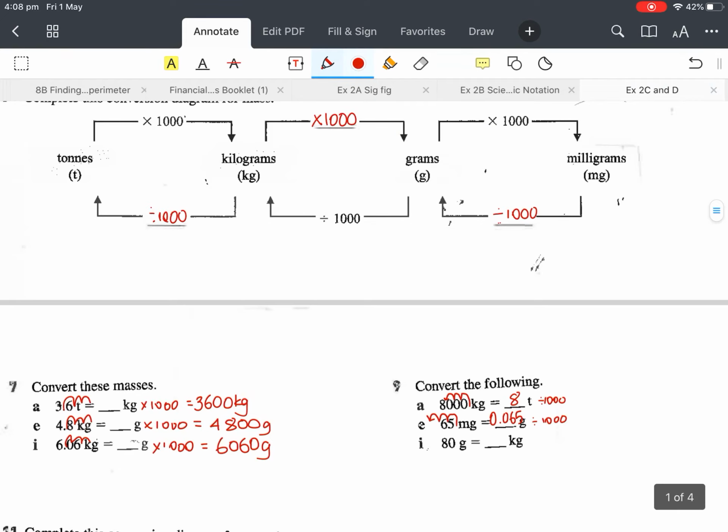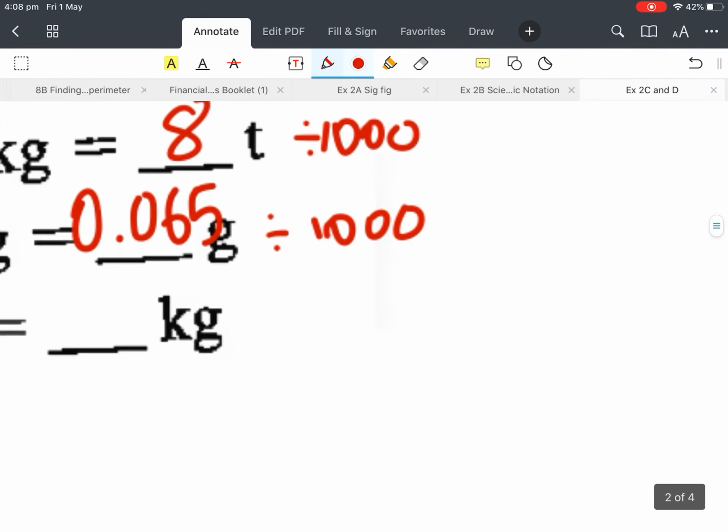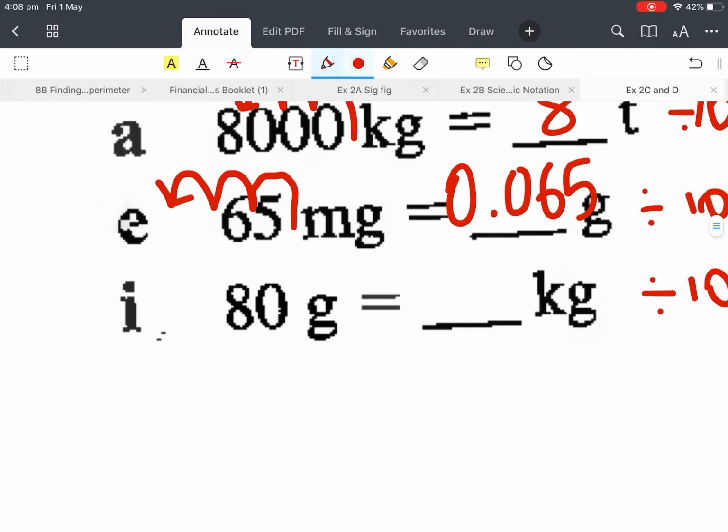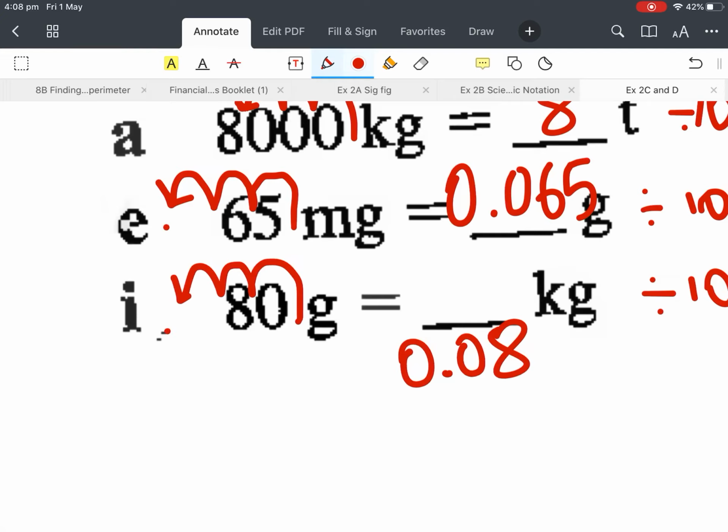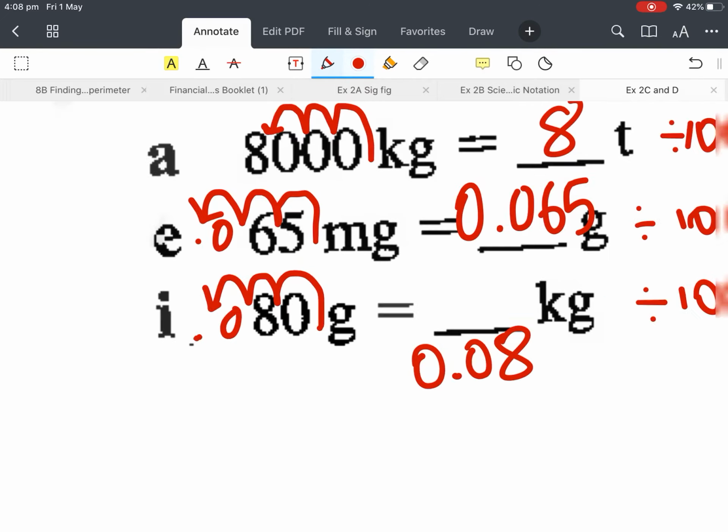So start at grams, go to kilograms, and look at that. There was a pattern. Dividing by 1,000. So start at the end and jump 3 spaces. So that will also be 0.08. You don't need to write the 0 at the end. And if you have any spaces, then you put zeros in those spaces where the jump is.